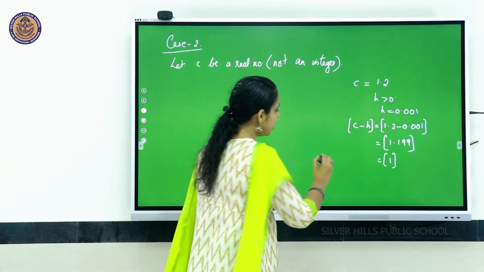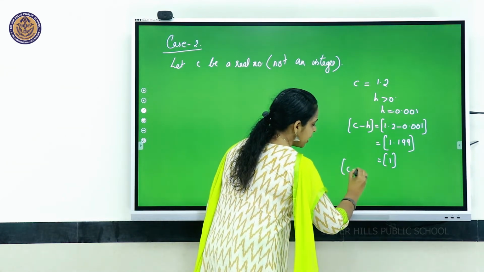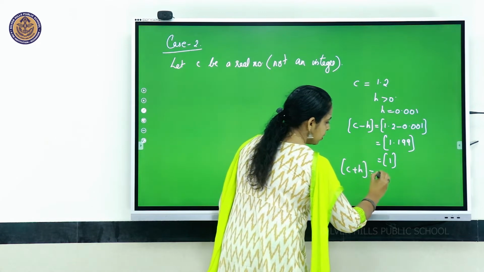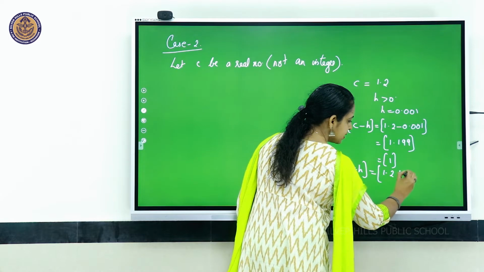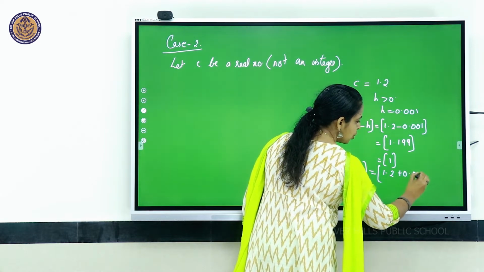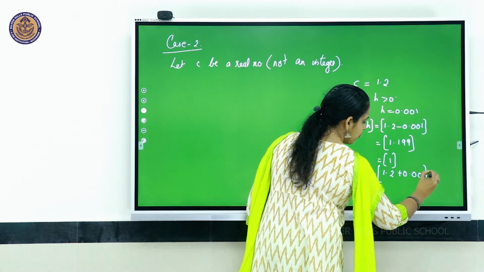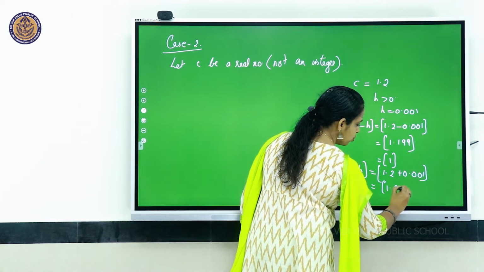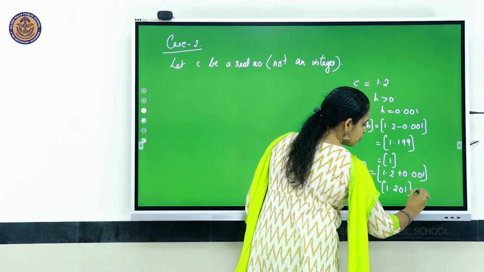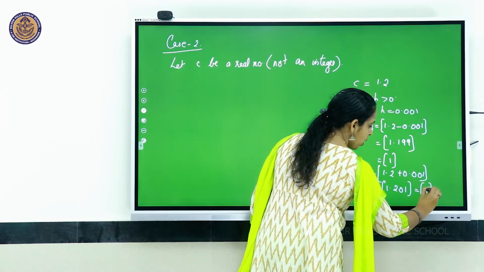Clear? If we take c plus h, that means 1.2 plus 0.001, we will get 1.201, whose box value is 1.